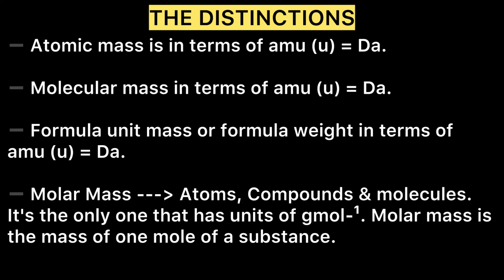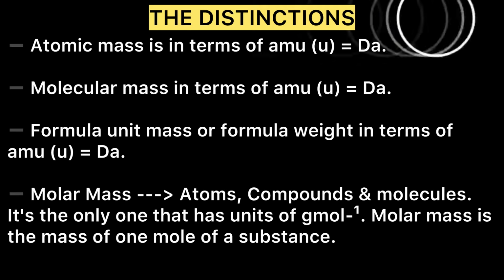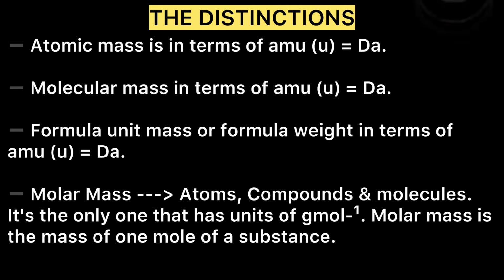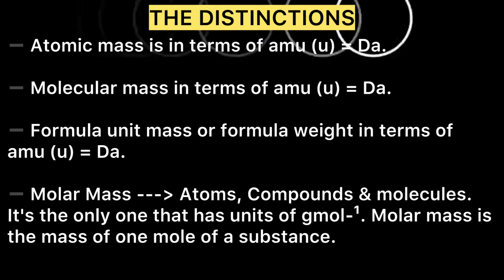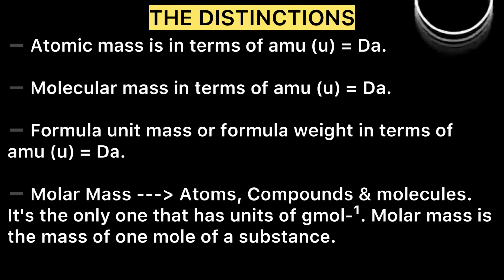The relative atomic mass is 12. Since relative atomic mass is 12 without unit, the atomic mass is going to be 12 atomic mass units, AMU, or just U, or 12 Daltons, because atomic mass unit equals Daltons. Hope you get it.